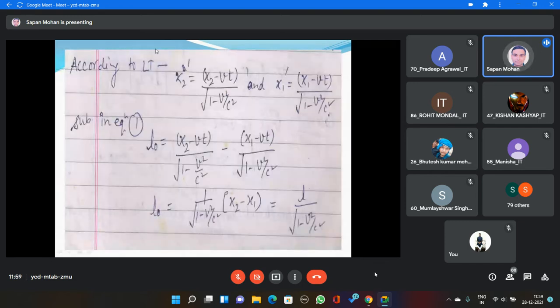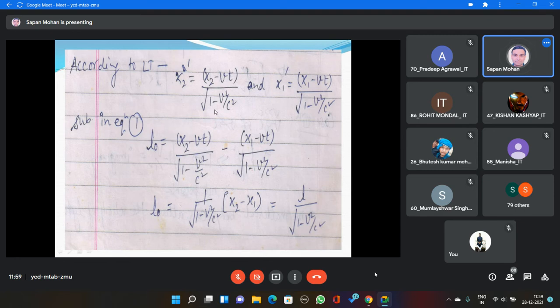According to the Lorentz transformation, if I relate x2 dash with x2, x2 dash equals x2 minus vt over root 1 minus v square by c square. Similarly, x1 dash equals x1 minus vt over root 1 minus v square by c square.